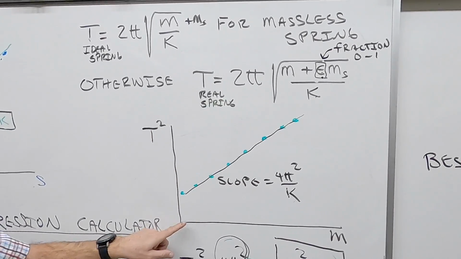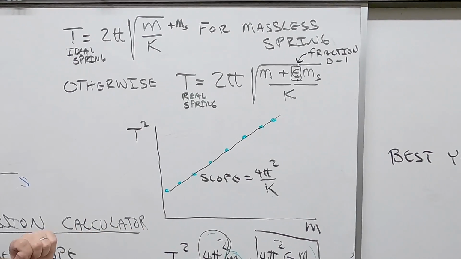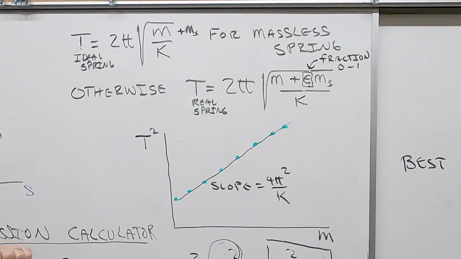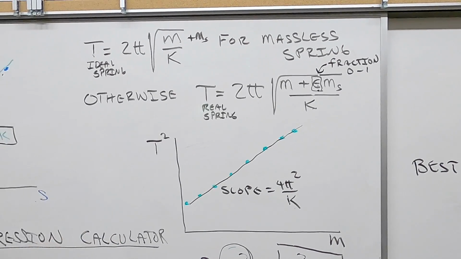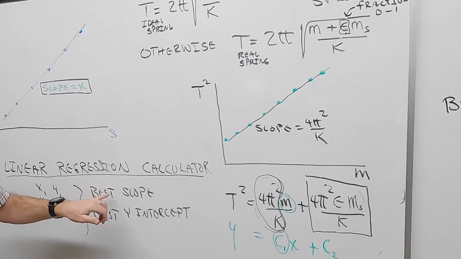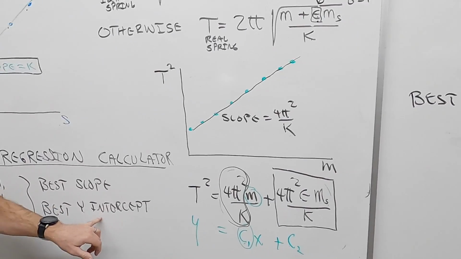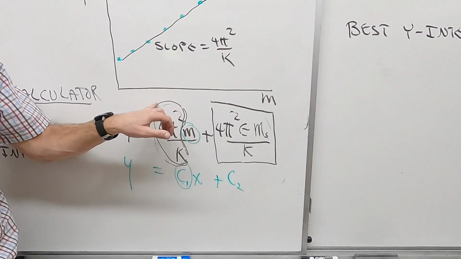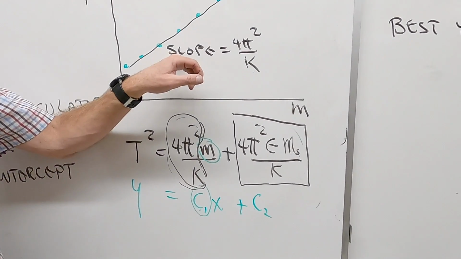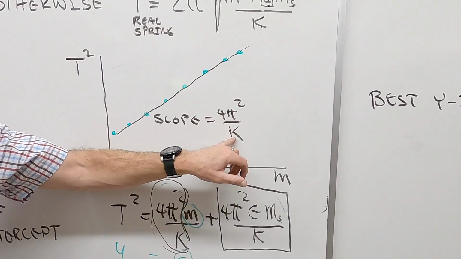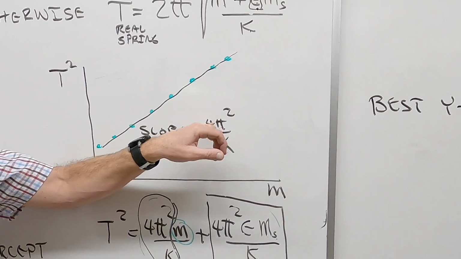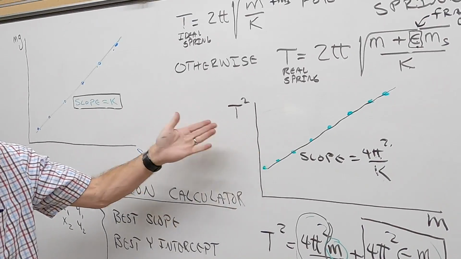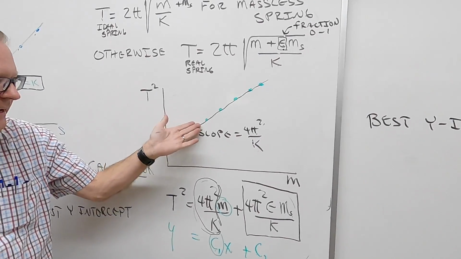You have a column of T squared versus m, and take all those numbers, plot it out, and put it into the linear regression calculator and have it give you the best slope and the best y-intercept. The best slope will be 4π² over k. Since you know what the best slope is and you know what 4π² is, you can get k. k is 4π² over the best slope. We can compare the two values of k and give me a percent error.